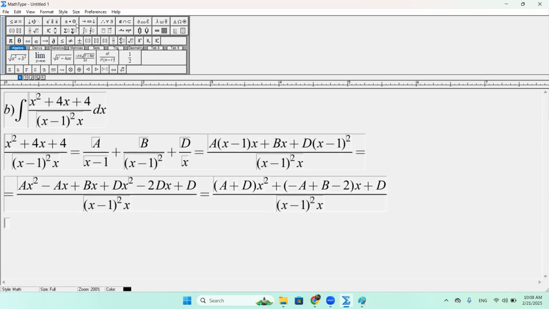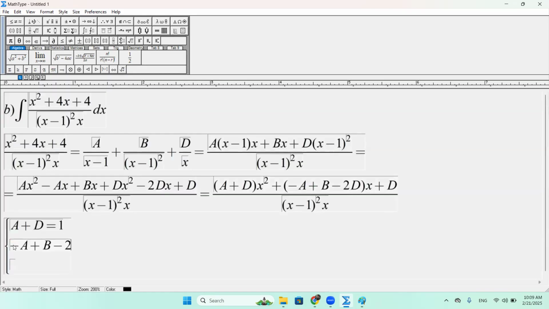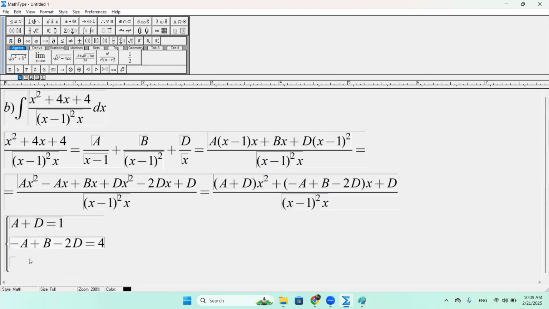Okay, now again solving the system of linear equations. So a plus d equals 1, minus a plus b minus 2d equals 4, and d equals 4.